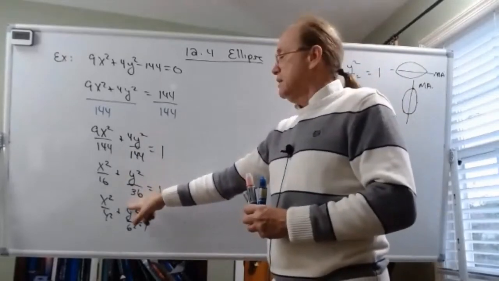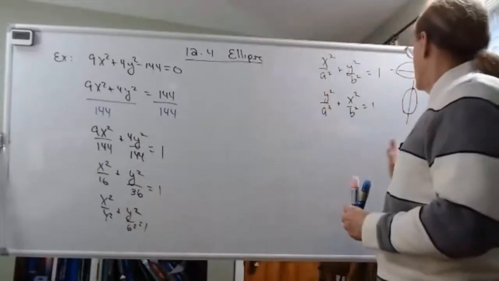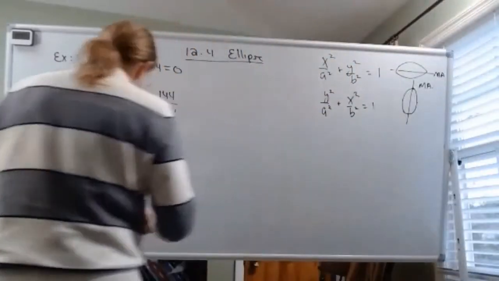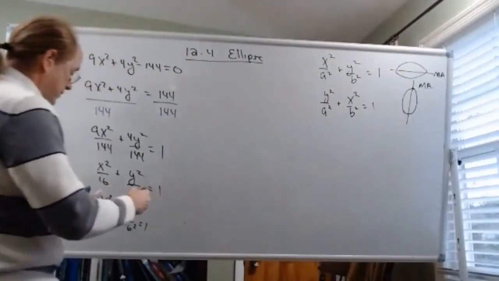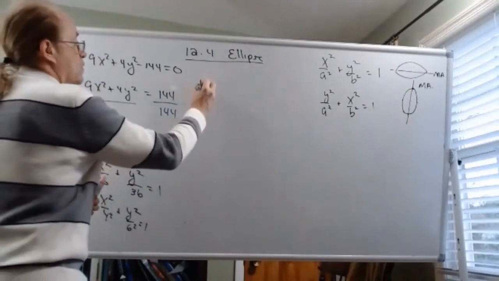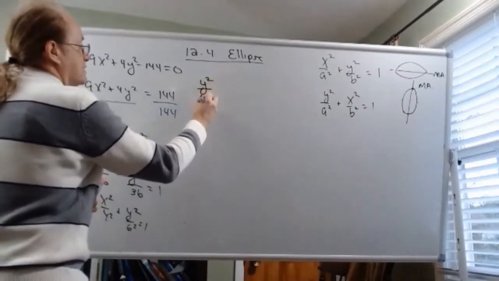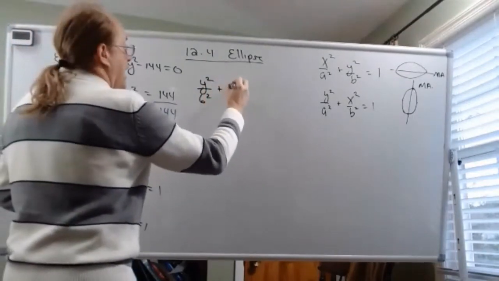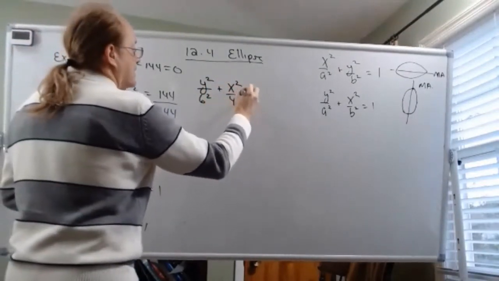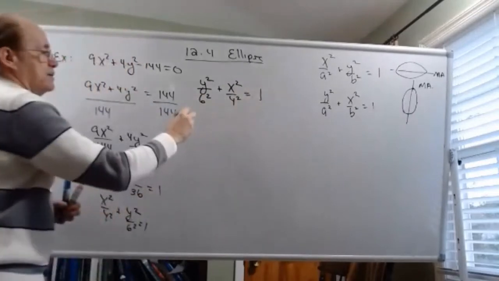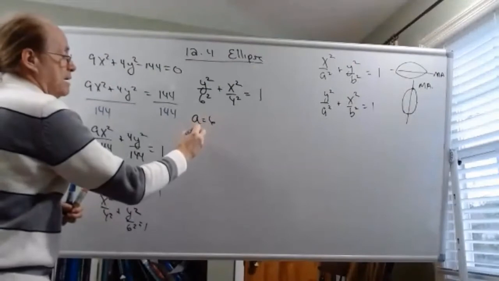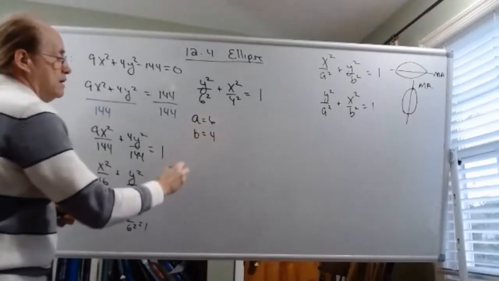I determined that my major axis was along the y because the largest number is under the y squared term. So let's just rewrite it. I'll put my y squared over 6 squared plus my x squared over 4 squared is equal to 1. Now it tells me my a is 6. My b is 4.